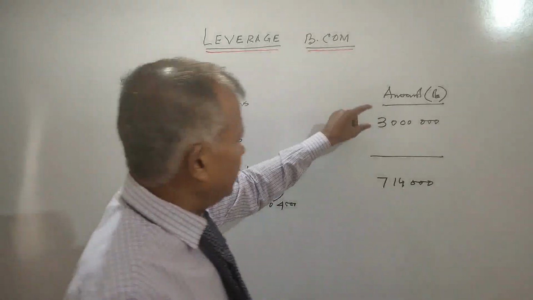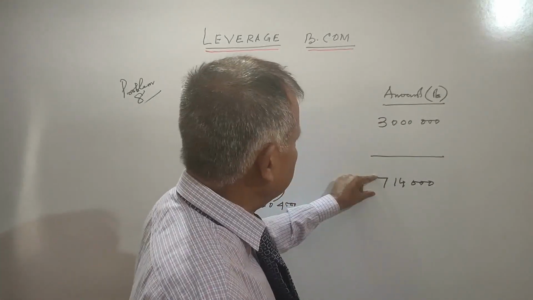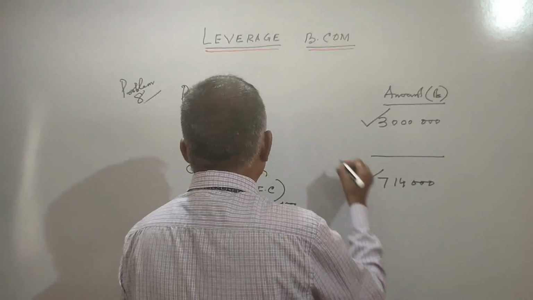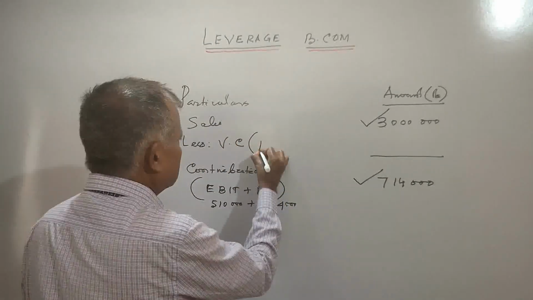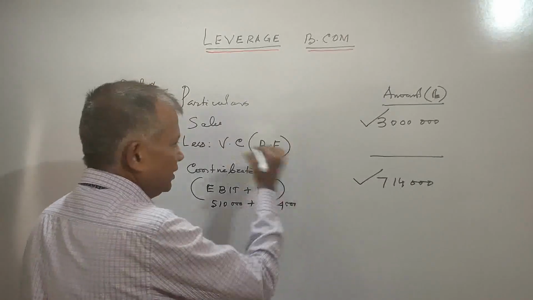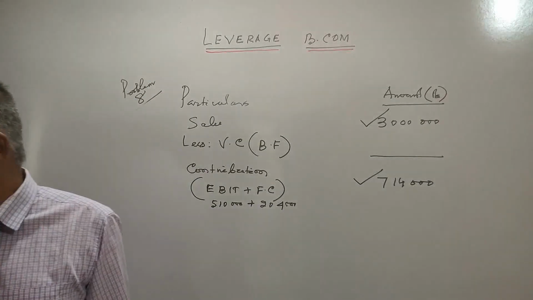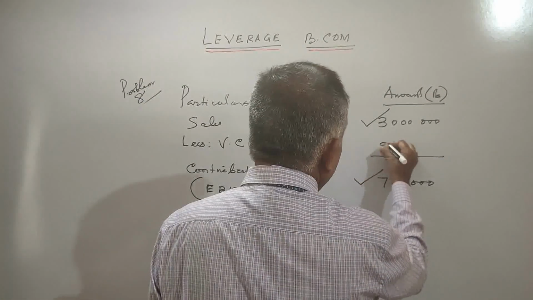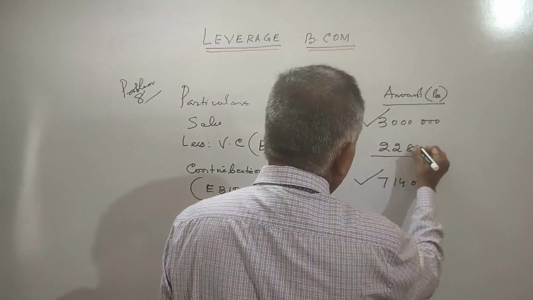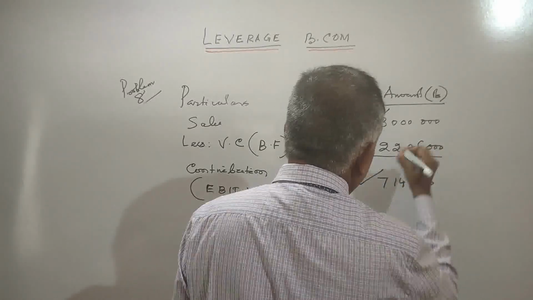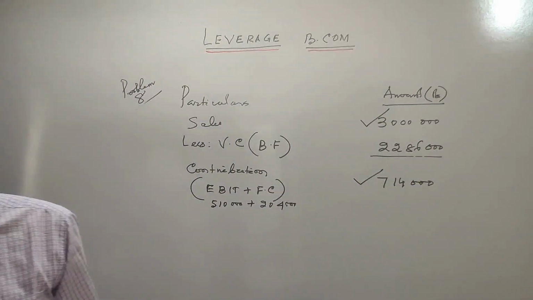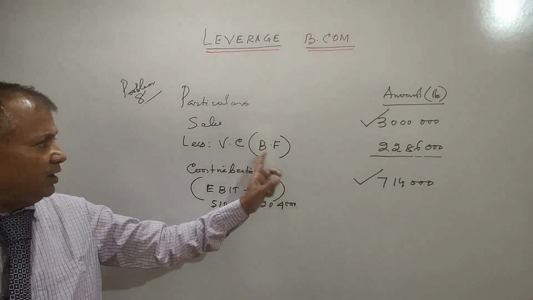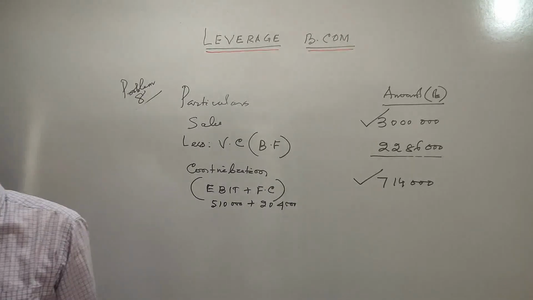Now if we do sales minus contribution, it will give you the variable cost as balancing figure. So variable cost will be 22,86,000. This will be your variable cost.